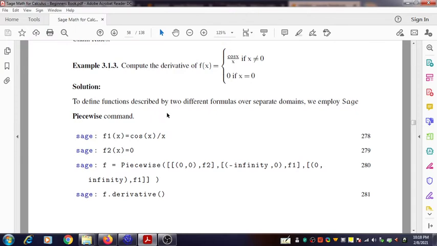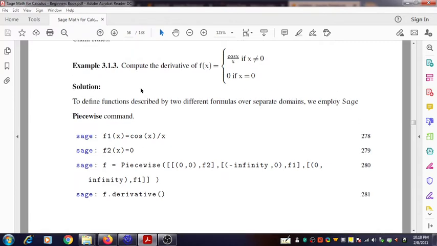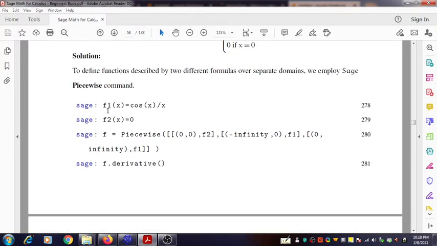That's the main question that we are going to see. We are going to find an answer to this question when we do this example using SageMath. You can understand how this kind of function can be represented in SageMath.